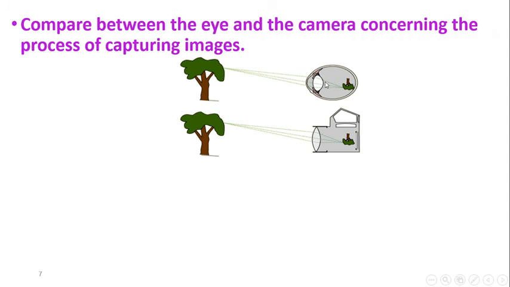This convex lens produces a real and inverted image of the tree. Similarly, the convex lens in the camera also produces a real and inverted image of the tree. This image is formed on the film, whereas here the image is formed on the retina.